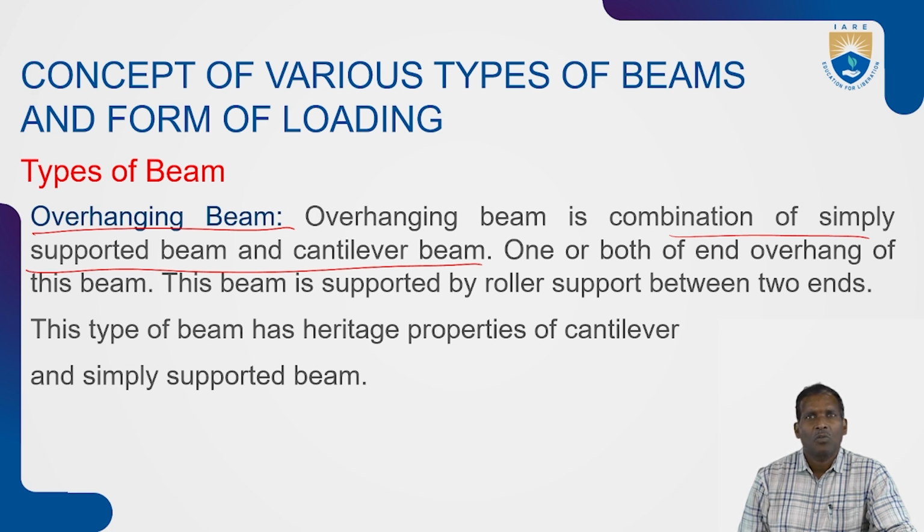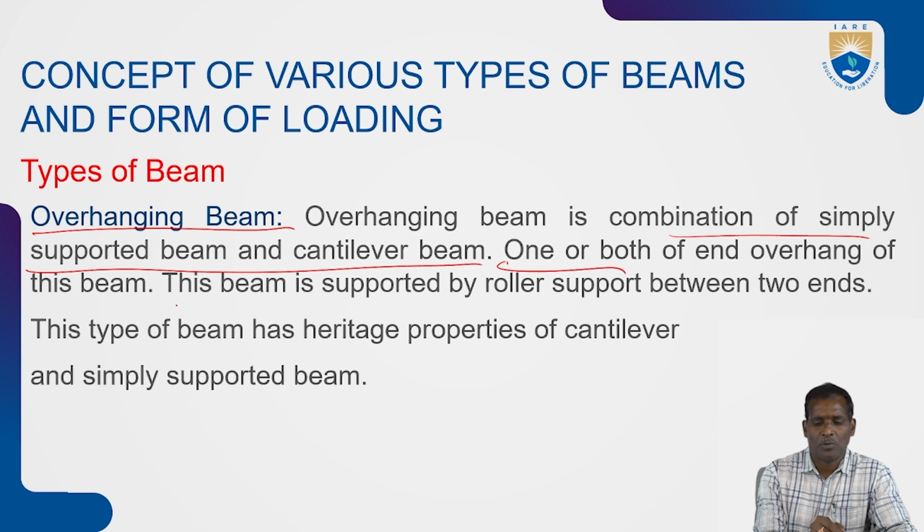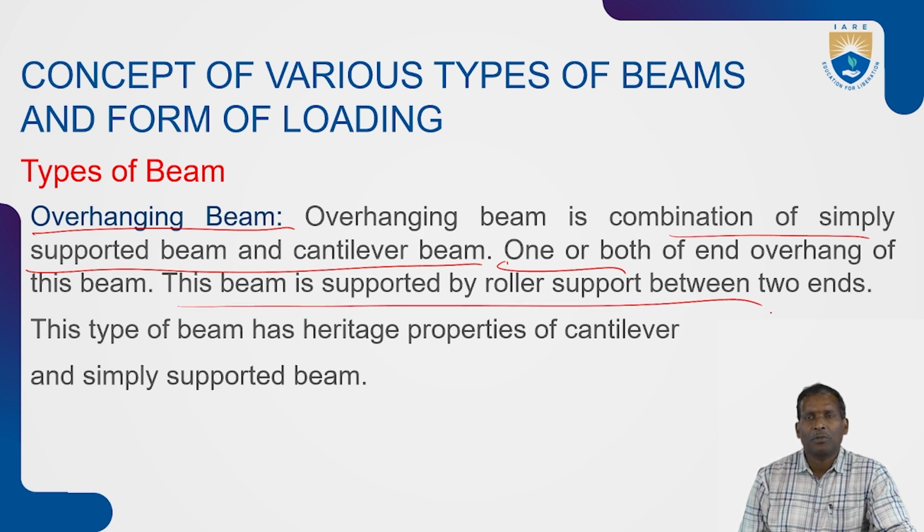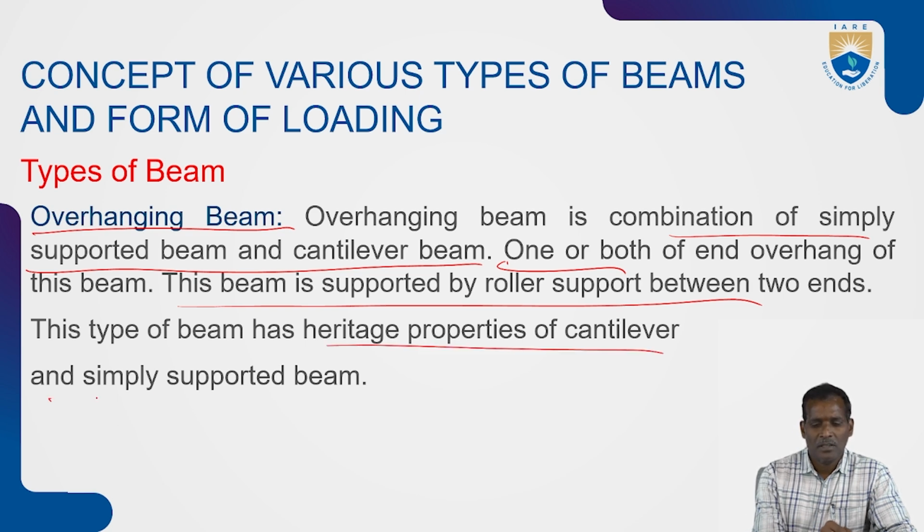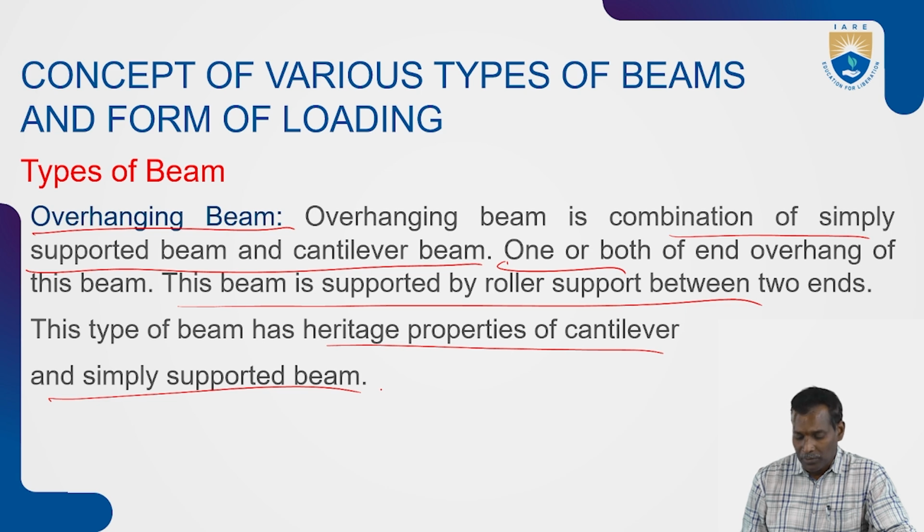One or both ends of this beam overhang. This beam is supported by a roller support between two ends. This type of beam has inherited properties of cantilever and simply supported beam.